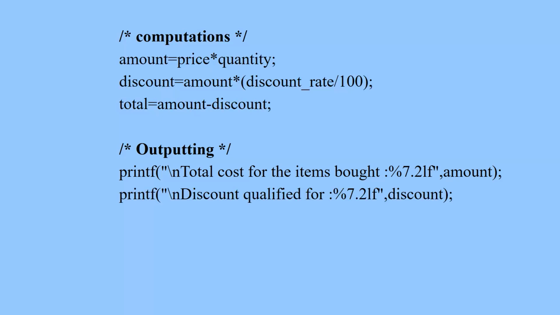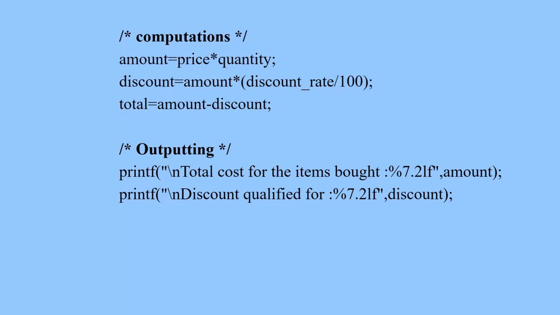Then the next statement will display the discount given. So drop one line and display the following on the screen. Discount qualified for. So pick what is in the memory location called discount, display it on the screen, but ensure whatever is displayed is a maximum of 7 characters.